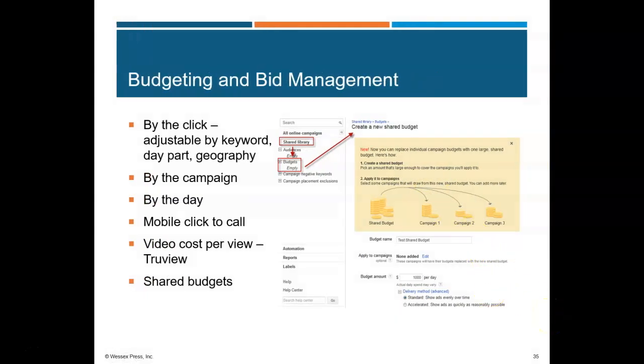Budgeting and bid management. By the click, adjustable by keyword, day part, geography. By the campaign, by the day, mobile click to call, video cost per view, TrueView, and shared budgets. So you can look at all of this, a process that marketing has to do in several steps with several different software for non-digital campaigns, let's say a billboard campaign or a radio campaign, or maybe even a television campaign.